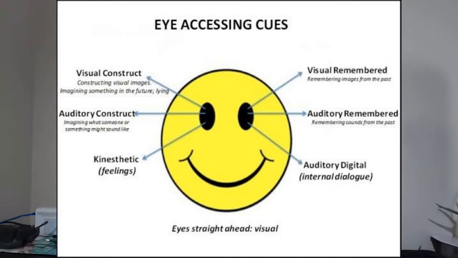And so again, when you're using eye-access cues and you combine that with the language that they're using, you'll figure out what kind of person they are, what modality they are, and then you can speak to them in their language. So if you know they're visual, you can say, hey, do you see what I'm talking about, right? Can I show you the results of doing things my way?